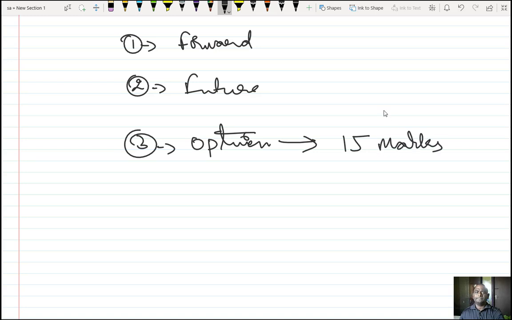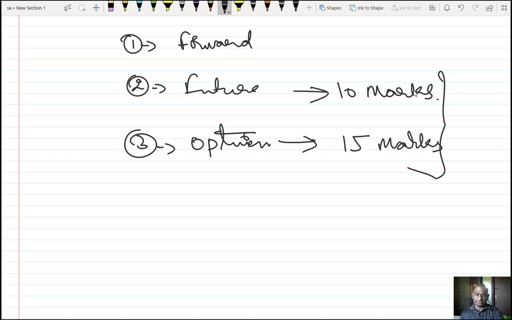Futures you may get 10 marks from the valuations. Even in forward, futures and options, the balance will be theory only with reference to valuing. How do we value the future? How do we value the options? If you work this out, there are 40 marks here, here another 15 and 10. Easily you can score 70 marks.